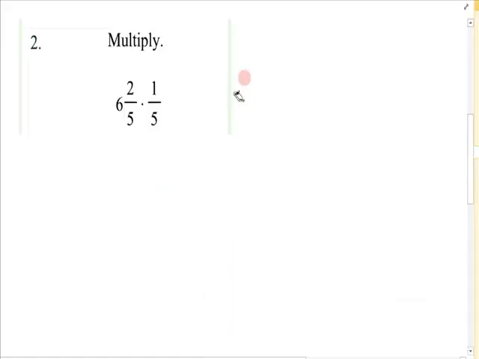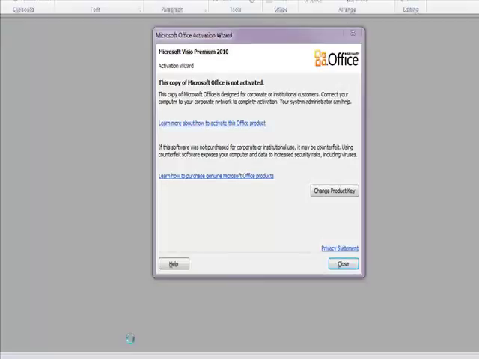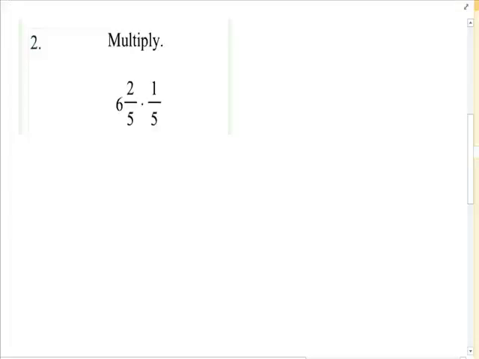All right, if I'm going to multiply these, I have 6 2/5 times 1/5. I have to make them improper to start with. 5 times 6 is 30, plus 2 is 32 over 5 times 1 over 5.